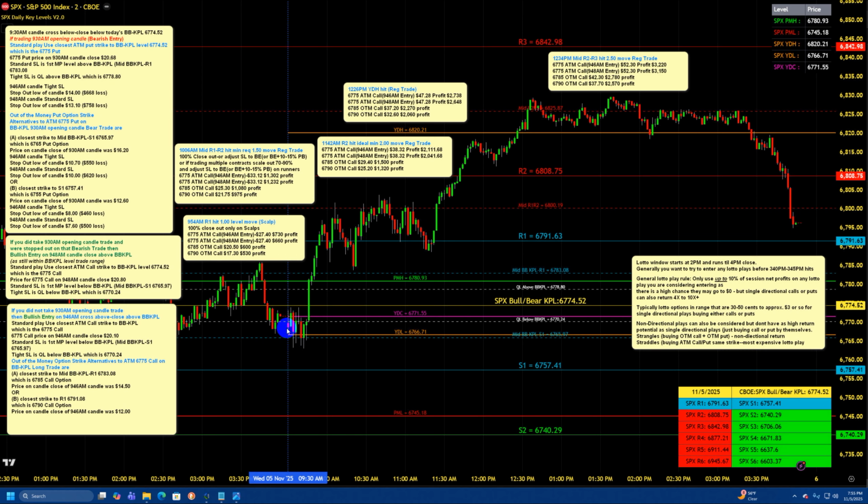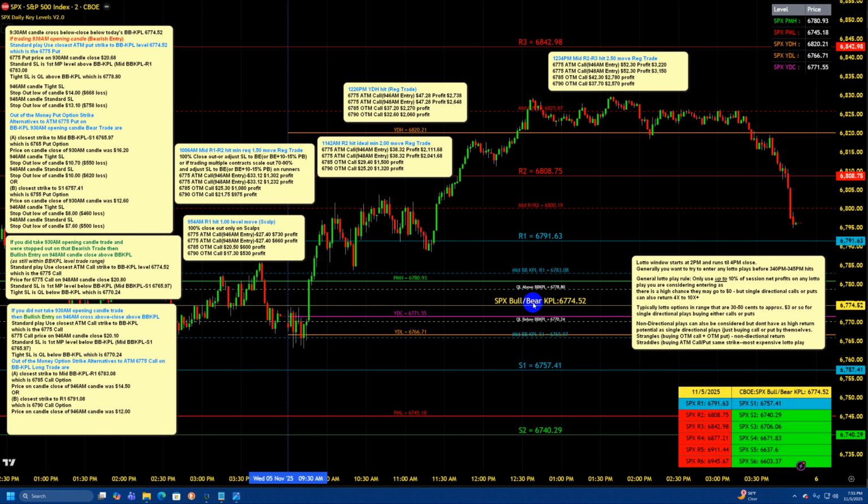Now, what about option strike selection? On any trade off of any main level, there are always going to be 3 strikes to consider. One is the at the money strike that is closest in price to the level that you're trading from.